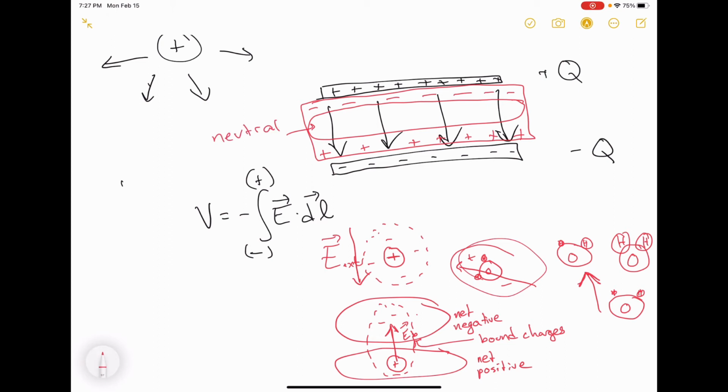So this sets up something that we call the polarization vector. I'm going to draw it in blue down here so you'll be able to see it. The polarization vector points in the same direction as the external electric field, like that. We call it P. And it has units of electric flux, just like the electric flux density. So coulombs per meter squared.